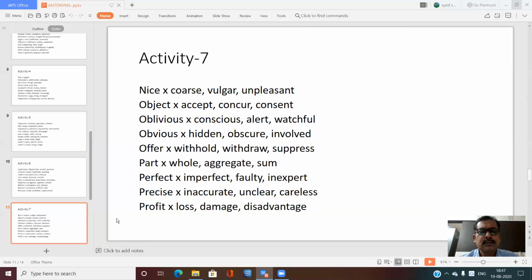Precise means inaccurate, not correct, incorrect, unclear, careless. Profit. Opposite word: loss, damage, disadvantage. Advantage, disadvantage. This is a prefix.